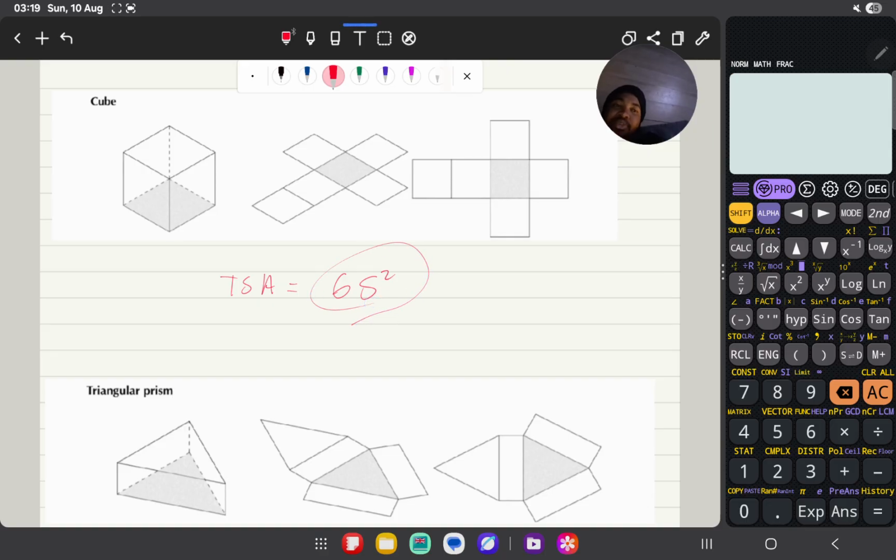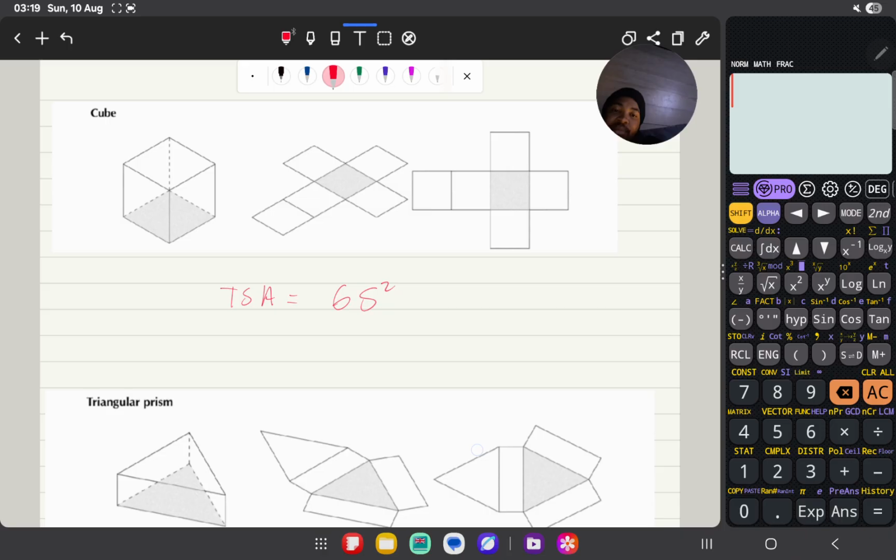So this one is just straightforward. It's just gonna be 6s squared. I mean, you can prove it. The s is for side, né?